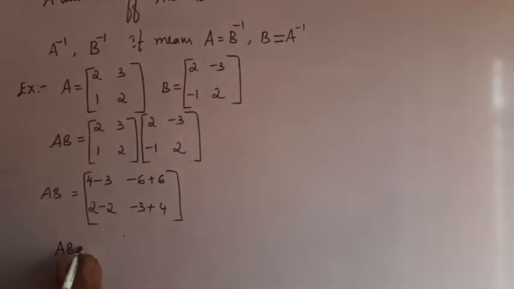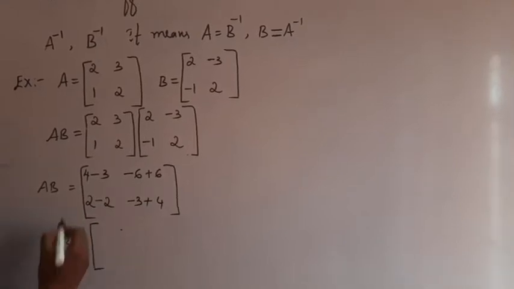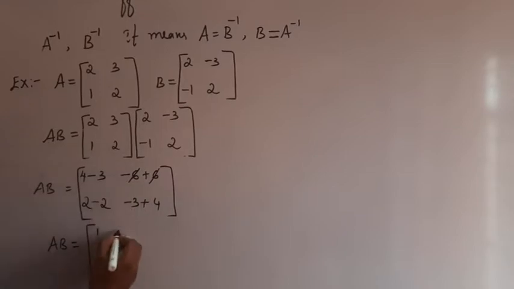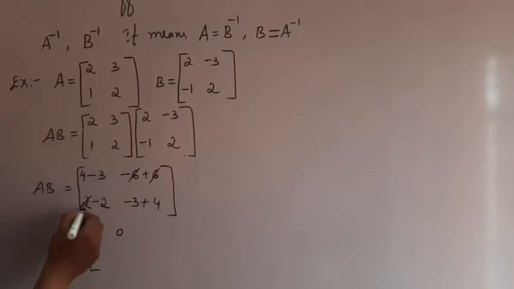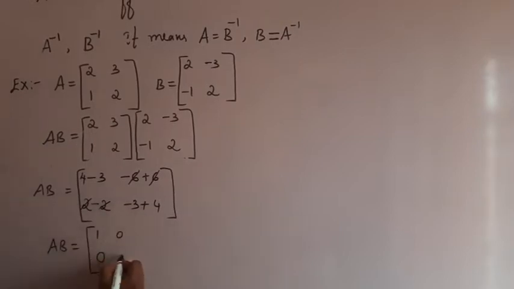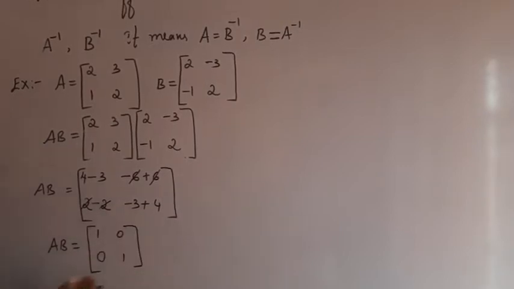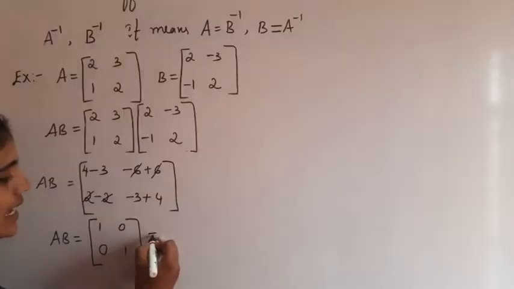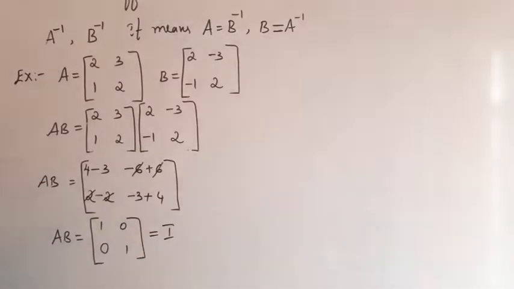Therefore, matrix AB equals 4 minus 3, 1. Here minus 6 plus 6 gets cancelled, 0. 2 minus 2 gets cancelled, 0. Minus 3 plus 4 is plus 1. Which matrix is this? We know that this is an identity matrix. Therefore this can be denoted by capital I.